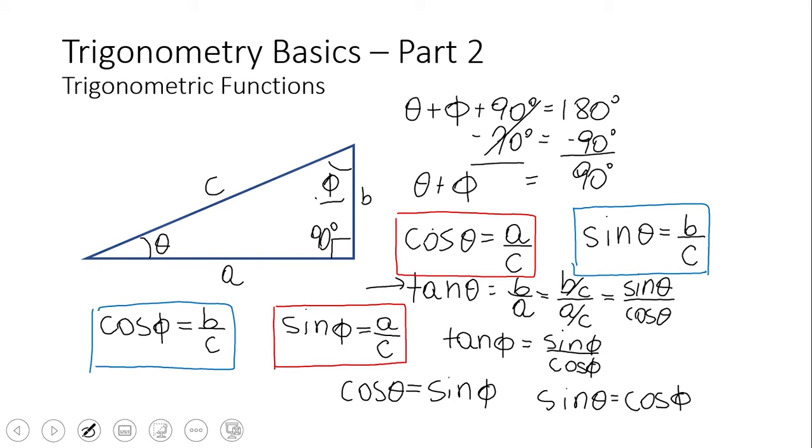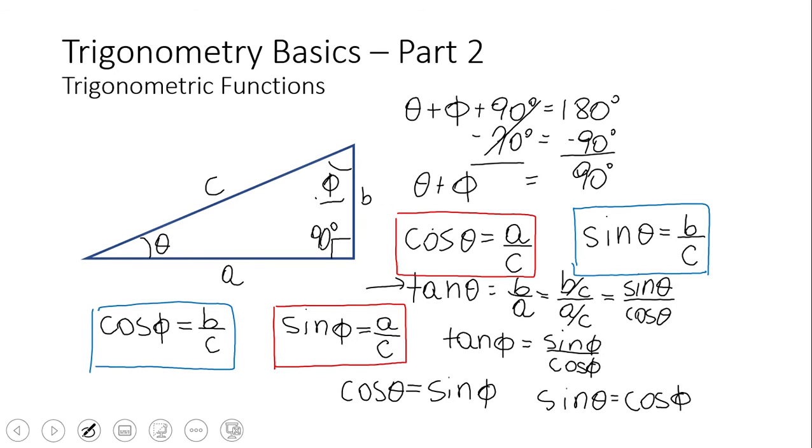Now, you might not see the utility of these functions yet, but we'll see in a minute how they allow us to express the legs in terms of the hypotenuse and one of the angles, and therefore they will allow us to solve the right angle triangle completely just by knowing the hypotenuse and one of the two angles.